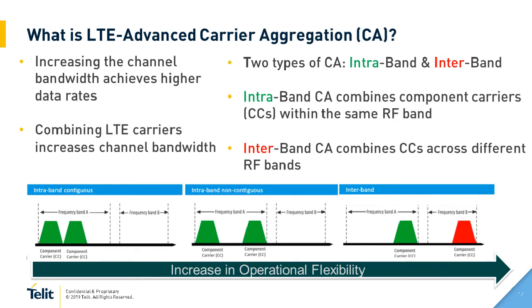And this is what the Telit design module that's used in the Cradlepoint device, the router, is able to do. This is the crux of the recipe for really achieving the 150 megabits per second in the uplink, which is essentially the highest achievable speed in the uplink.